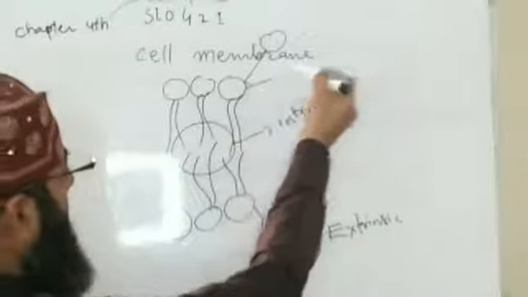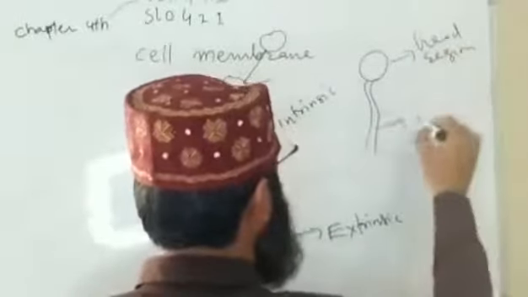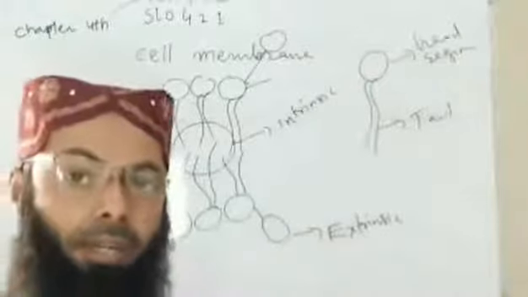The lipid layer also has two regions. It is the head region and this is the tail region. The head region is hydrophilic in nature.